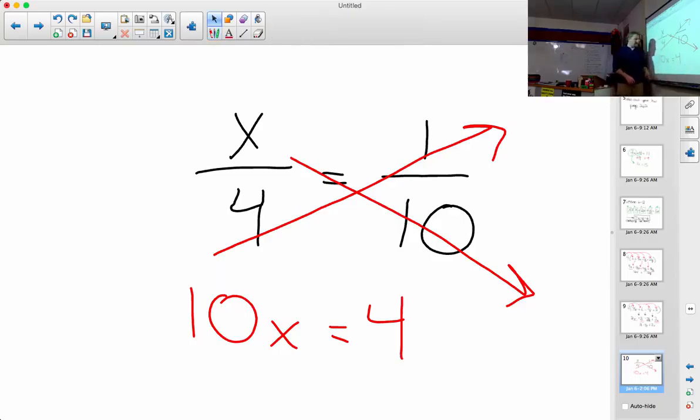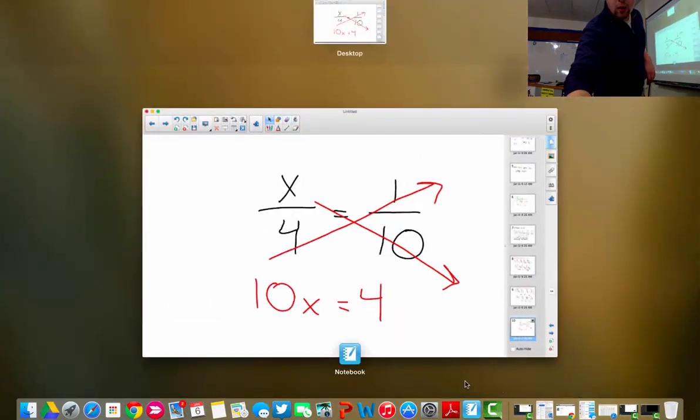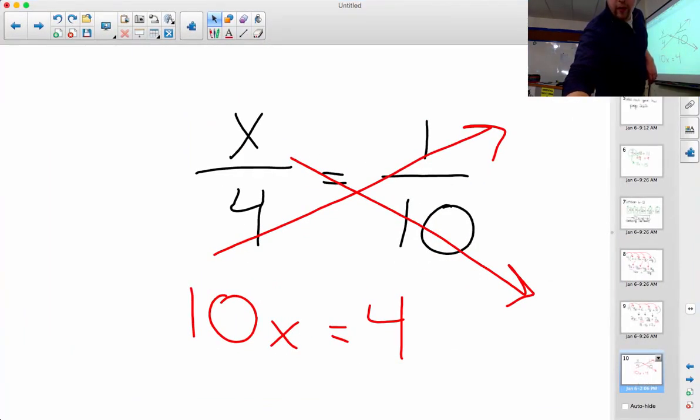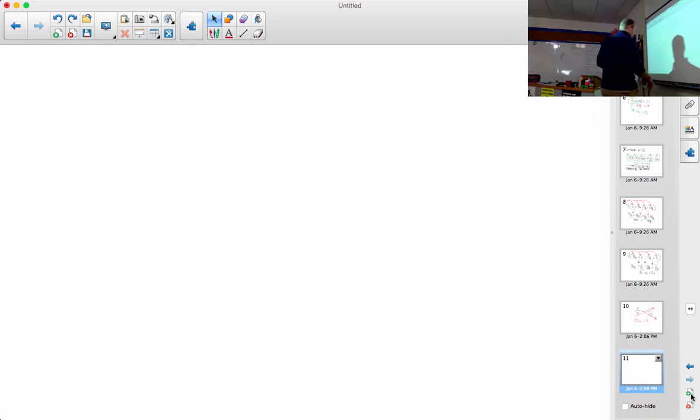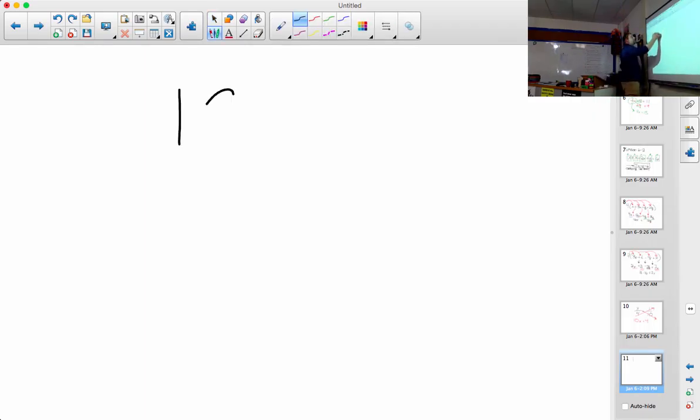All right, what does that mean? 10x equals 4. How do I go about solving that? How do I get x by itself?